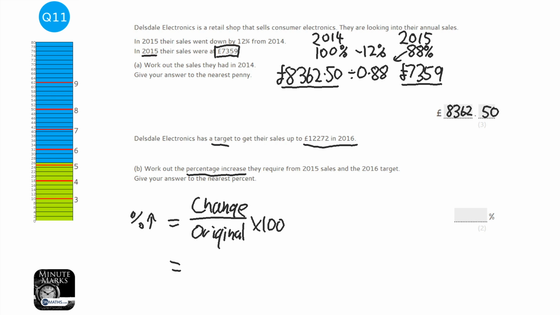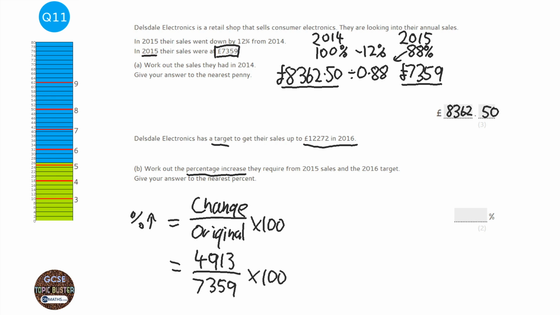So they're looking for it to change by 4,913. The original was 7,359, and we need to times by 100. So I'm going to divide that by 7,359, times it by 100, and that gives me 66.7617 and so on. To the nearest percent, that's going to be 67%.